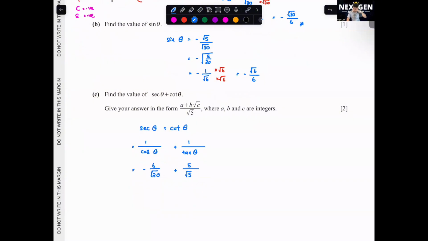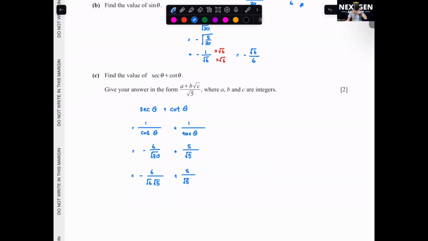So the root 30, how can you change the root 30 to just root 5? We can make it root 6 times root 5, because root 6 times 5 will be root 30. From here, we don't want the root 6 at the bottom, so we're going to rationalize. This one also times root 6 over root 6.